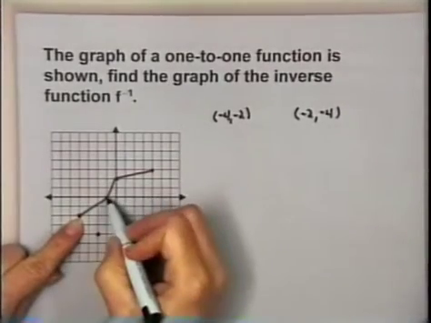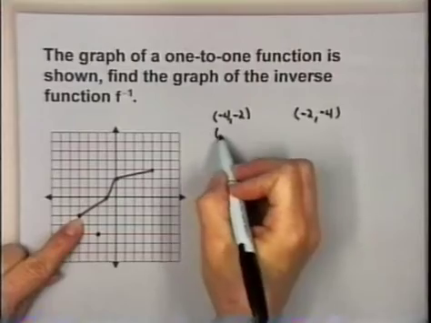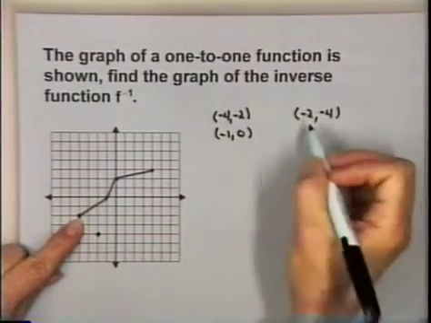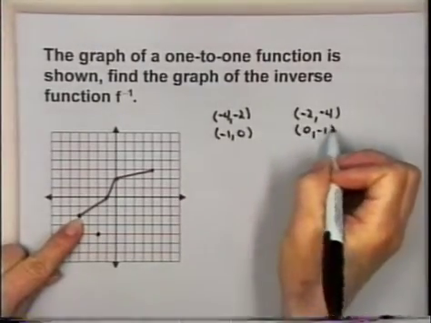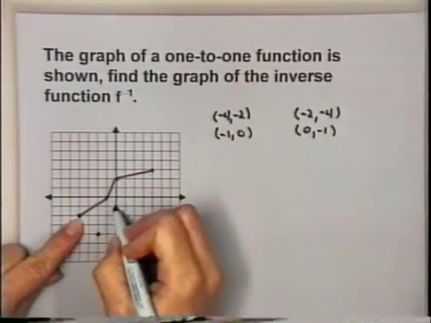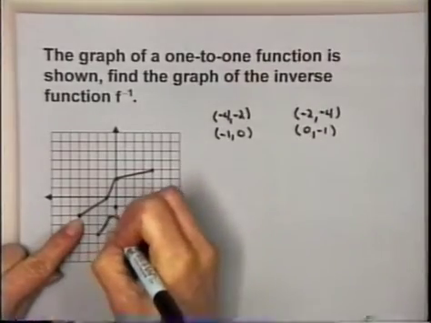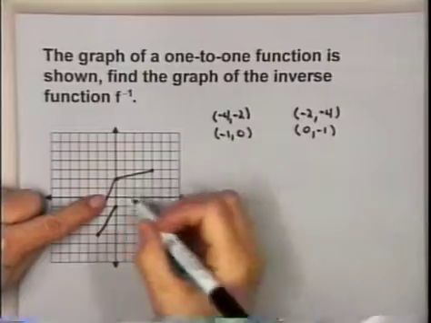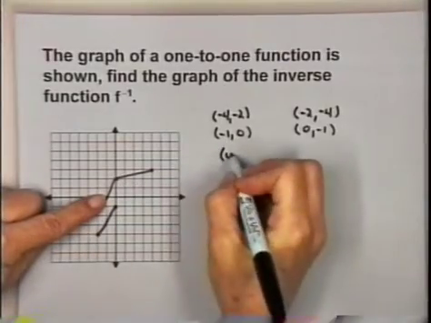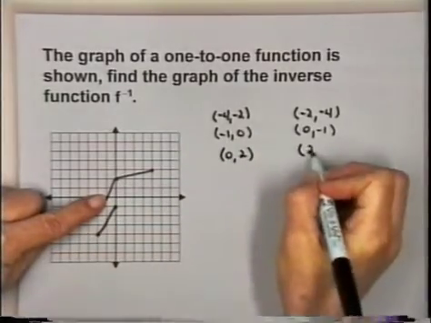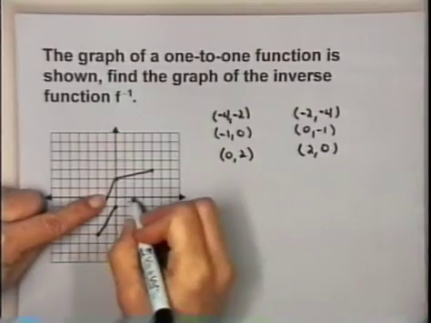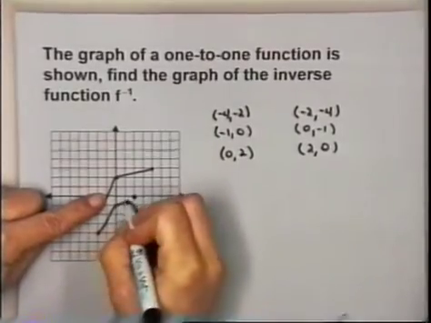Okay? Now let's go to this point. The coordinates of this point are negative 1, 0. Reversing that, I get 0, negative 1. So let's connect those points right there. Now, this point has coordinates 0, 2. So if I reverse those, I have 2, 0. Right there. Let's connect those.